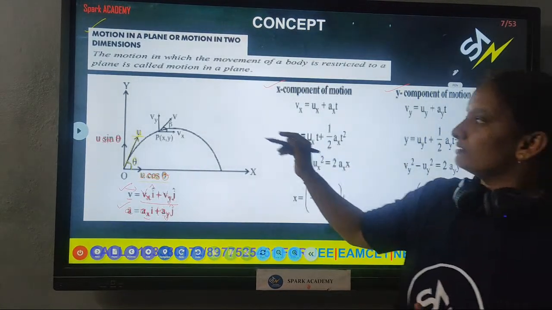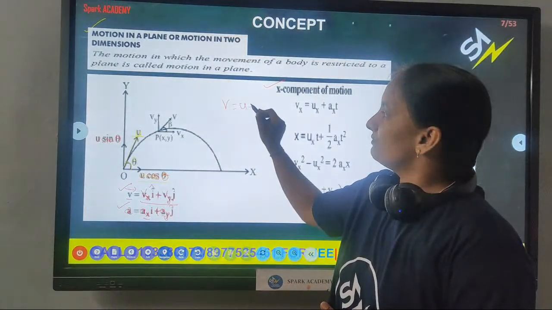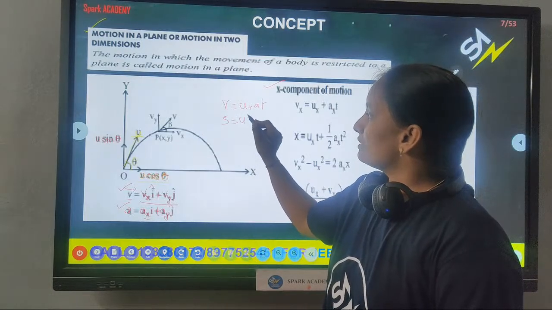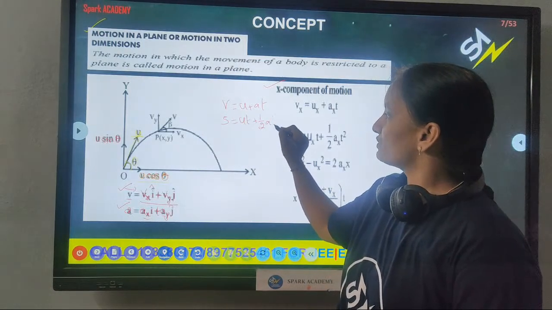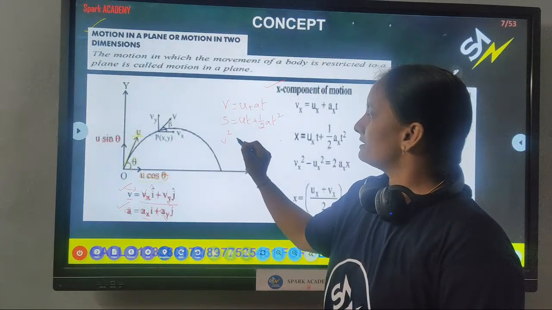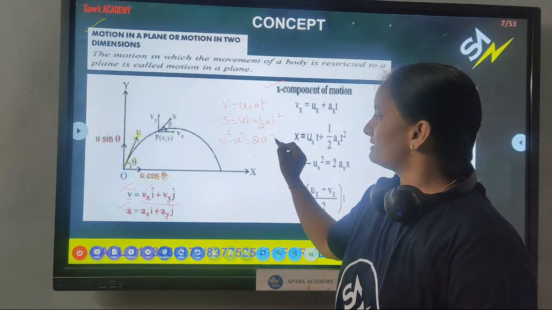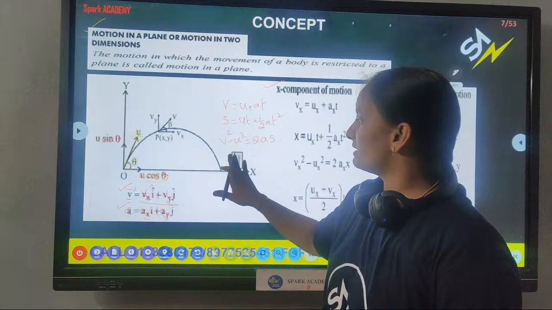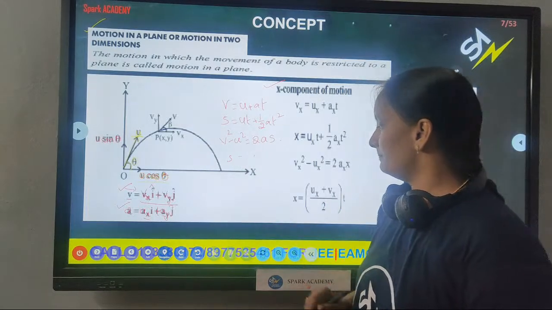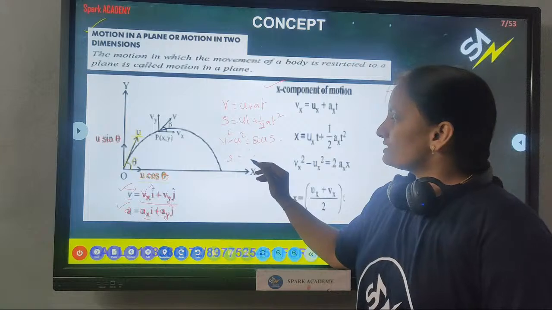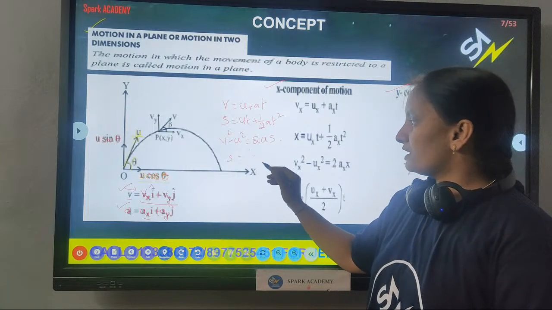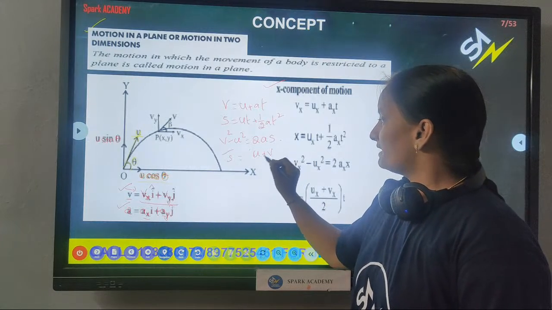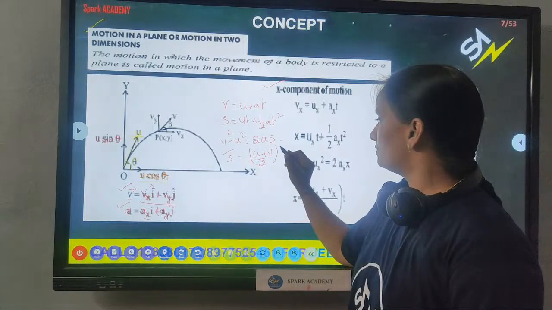Let us see this by using the kinematic equations: v equals u plus at, s equals ut plus half at square, v square minus u square equals 2as, and in a particular interval of time, with initial and final velocities, the displacement will be equal to (u plus v) by 2 into t.